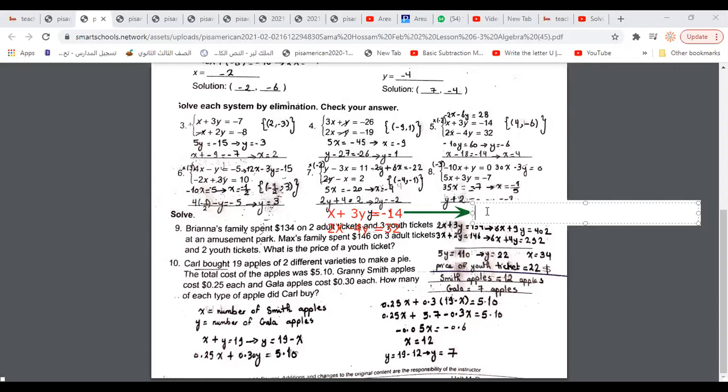It's up to you, but it's easier to multiply by its additive inverse. Down we have 2 and up we have 1. So we will multiply the first one by negative 2. So it will be negative 2x minus 6y equal how many? 28.